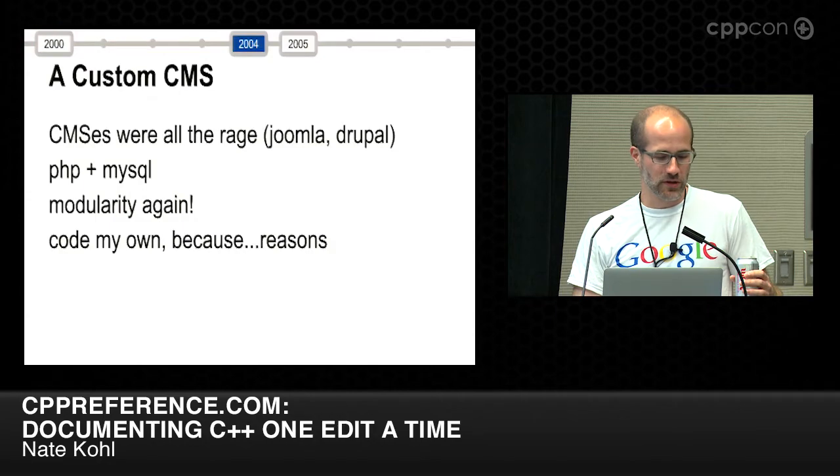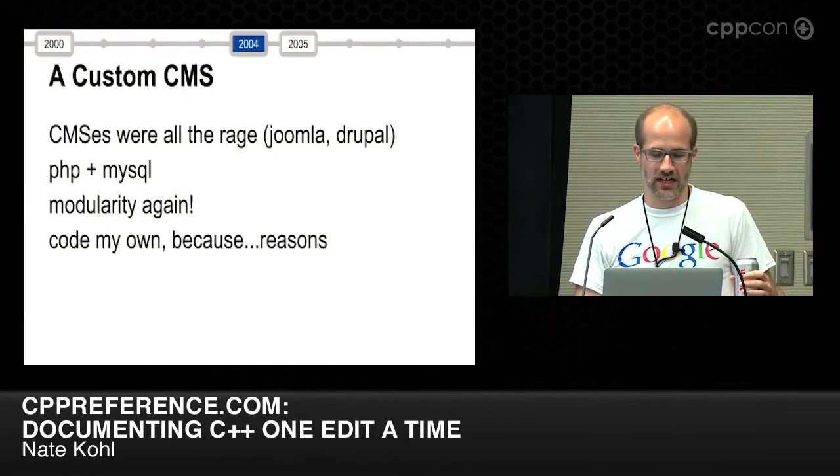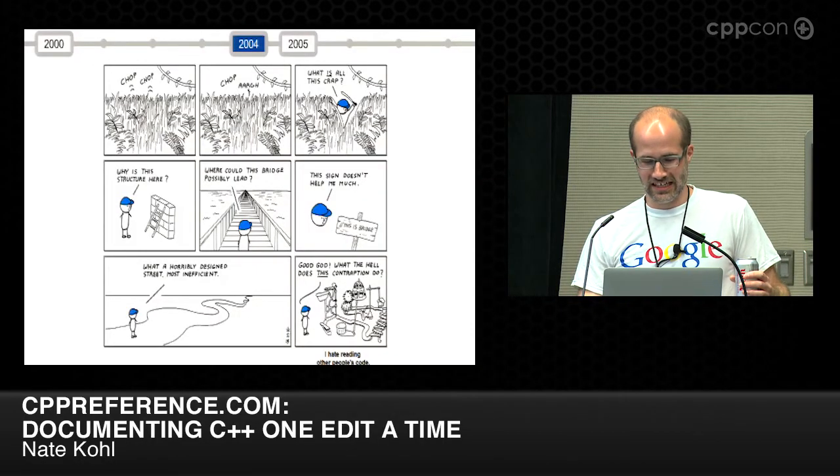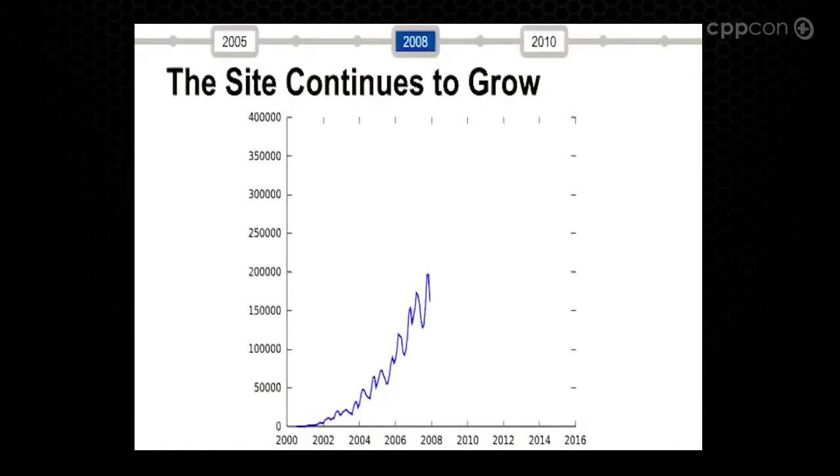You can code up something in PHP and MySQL, and I didn't really want to deal with other people's code because dealing with other people's code is some version of hell. So I decided to make my own version of hell, and yeah, thanks to Abstruse Goose for this slide. So now we're running a custom content management system, and the site continues to grow.